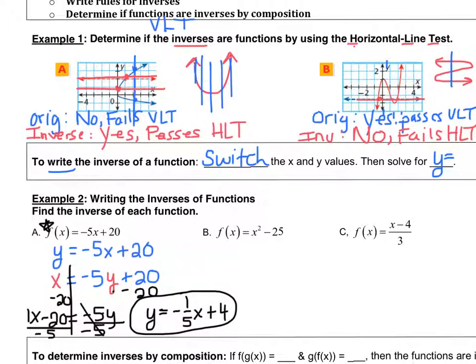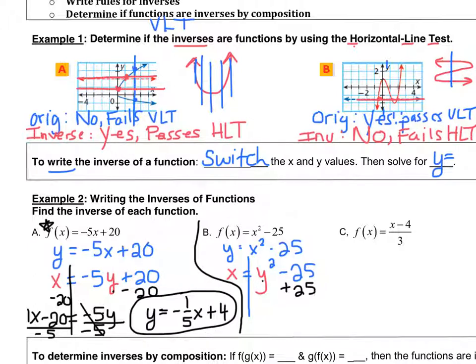Let's try example B. So right now, it's y equals x squared minus 25. We're going to flip-flop the x and the y and write x equals y squared minus 25. So now the goal is to solve it for y. So let's get rid of the 25 by adding it to both sides.